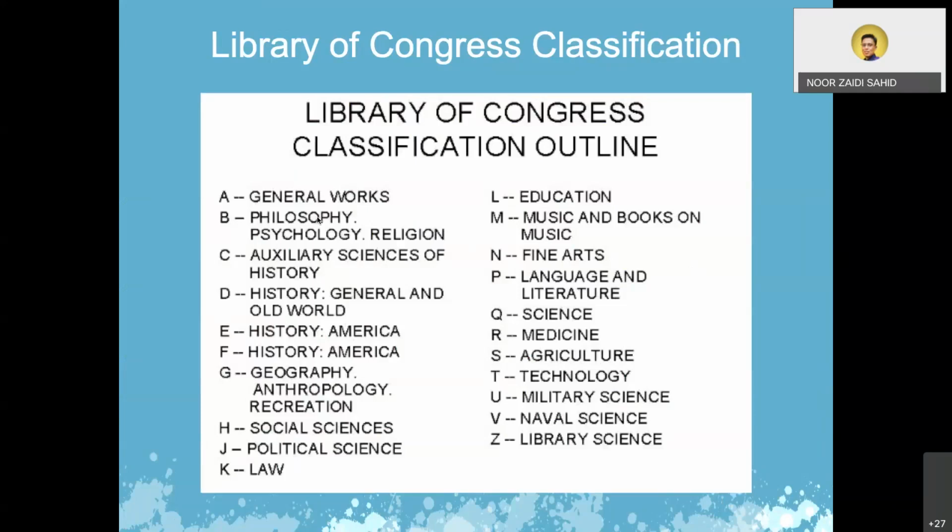Begitu juga dengan collection in other languages. For example, in Arabic, tulisan Arab, and then maybe in Chinese character, in Japanese character, or other language that use their own character.